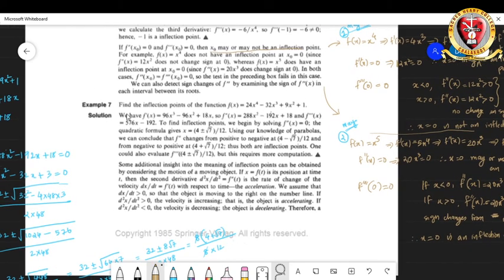Now you can see example 7. Find the inflection points of the function f of x is equal to 24x raised to 4 minus 32x cube plus 9x square plus 1.